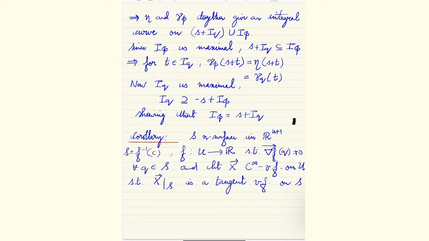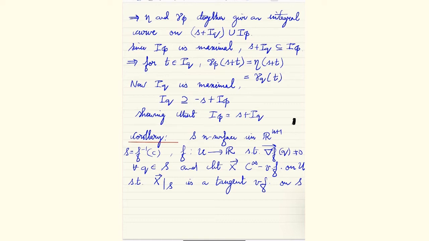Now, what is it that we want to say? So if you start with an integral curve for X and observe that at some point it lies on the surface, then the whole curve has to lie on the surface. Right? So this is, of course, very similar in spirit to the result that we saw. Of course, you can try proving it in the same way and see why that may not work.